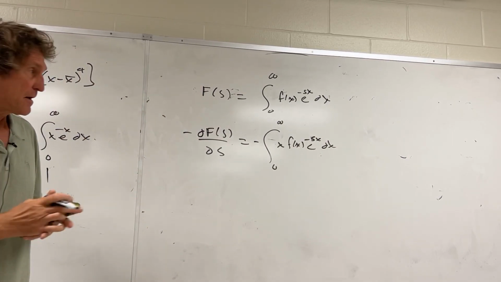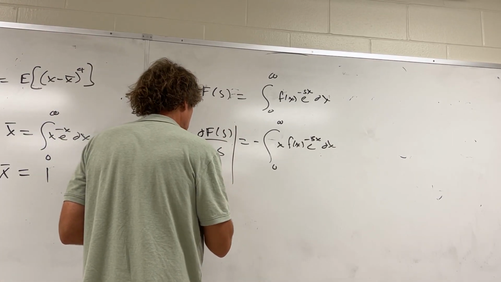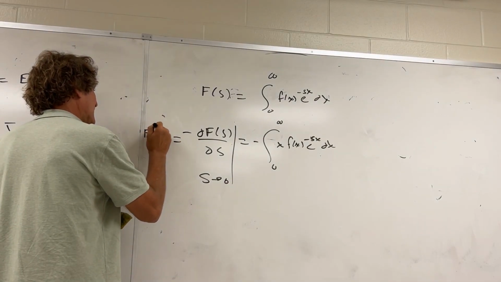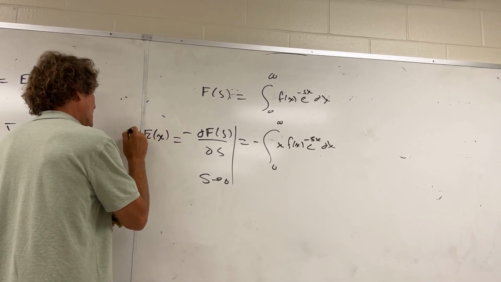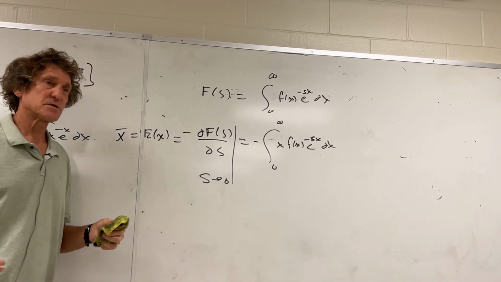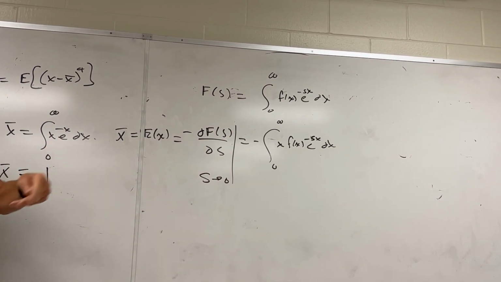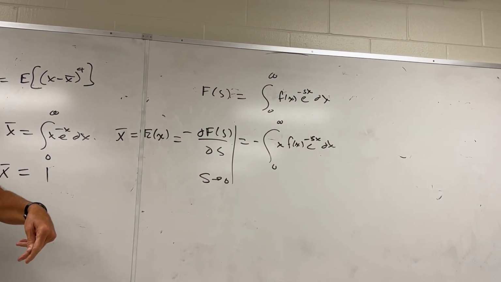You all with me? If I set s equals 0, that is the first moment, or that is the expected value of x, or it's just x bar. I want to make sure that I don't leave anybody behind if you haven't looked at this in a while. With me?